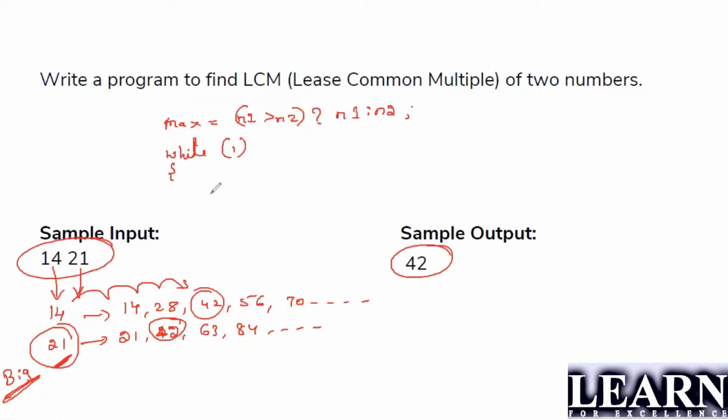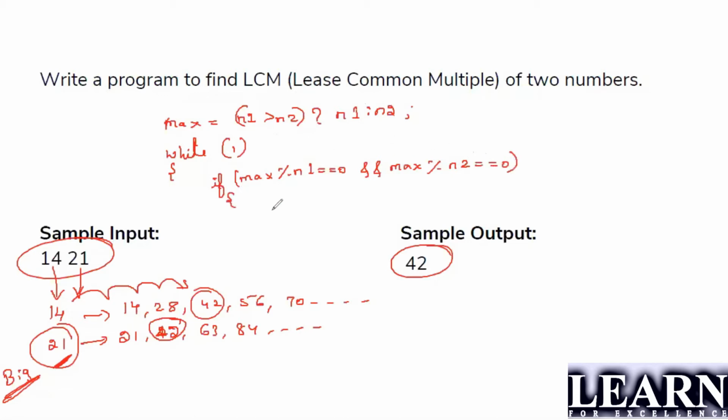Inside it, if maximum modulus N1 is equal to 0 and maximum modulus N2 is equal to 0, that number is a multiple of both the numbers.